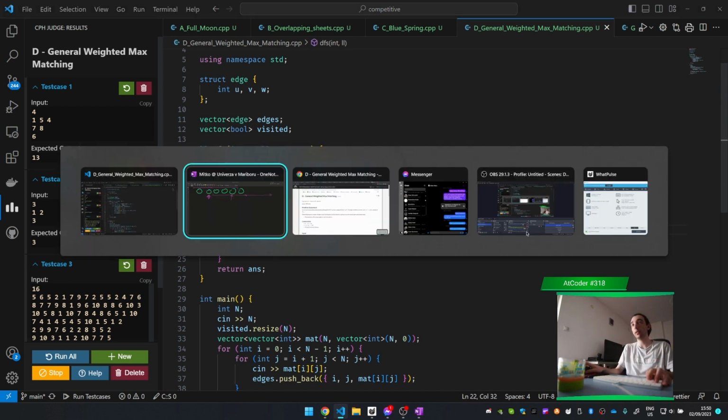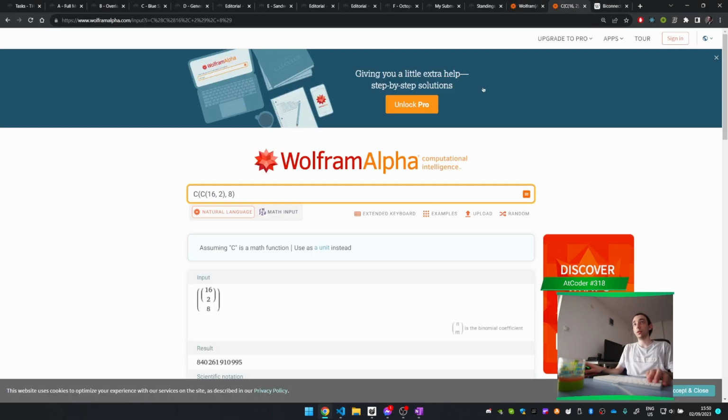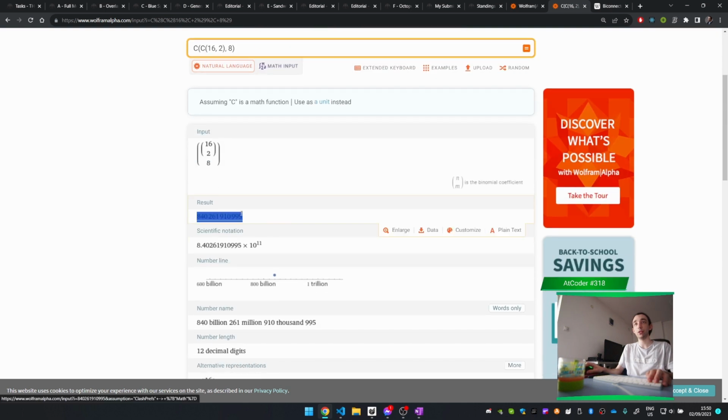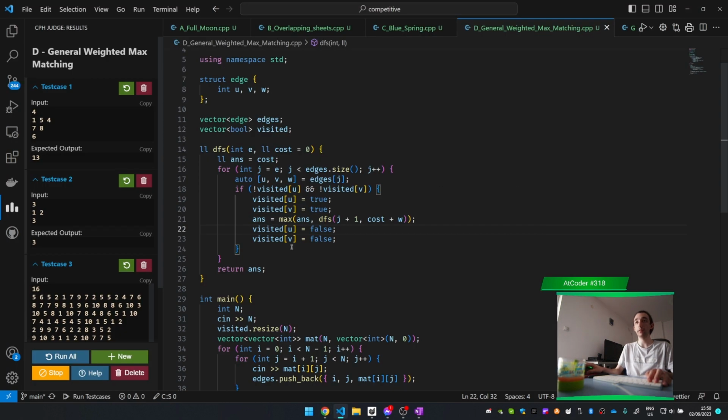And I calculated that there are 840 billion combinations I need to try out, and this is fast enough to pass because it's not going very deep, and this is very fast. It could be optimized.